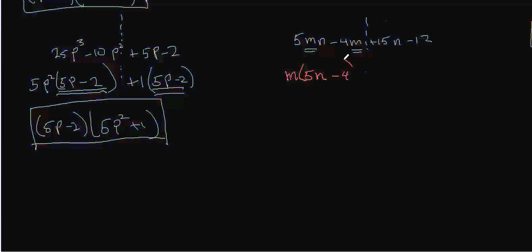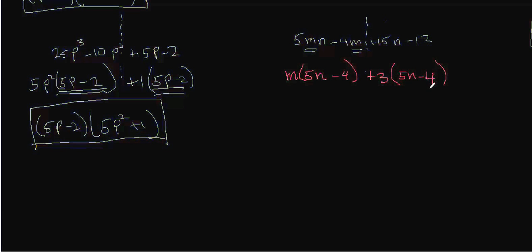Over here, what they have in common is a 3. 15 divided by 3 gives me a 5. So if I take out a 3, that gives me 3 times 5n and minus 3 times 4. So this should be a 4 over here. 3 times 4 is 12.